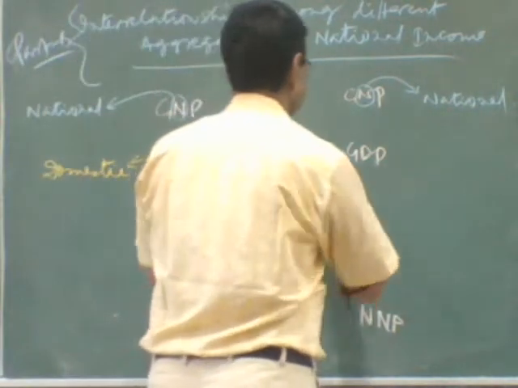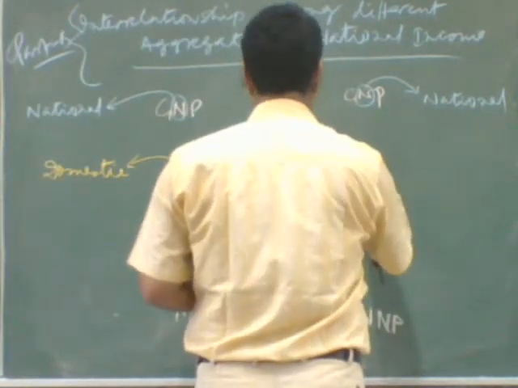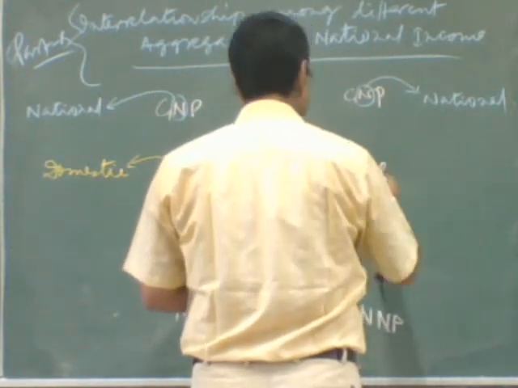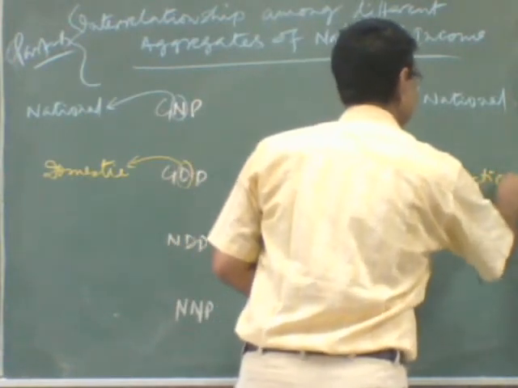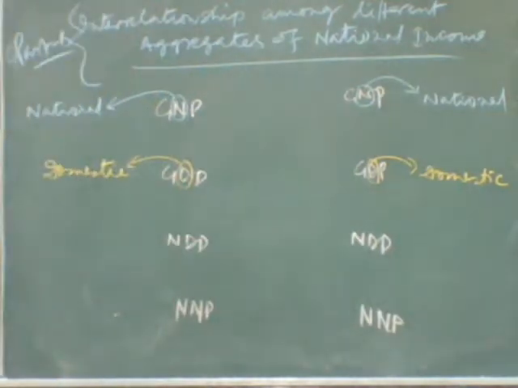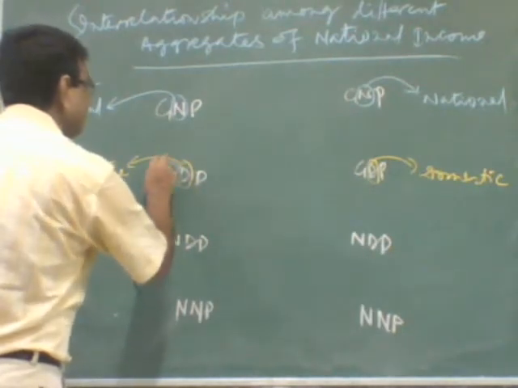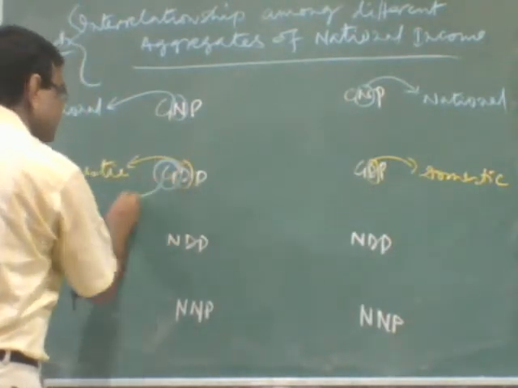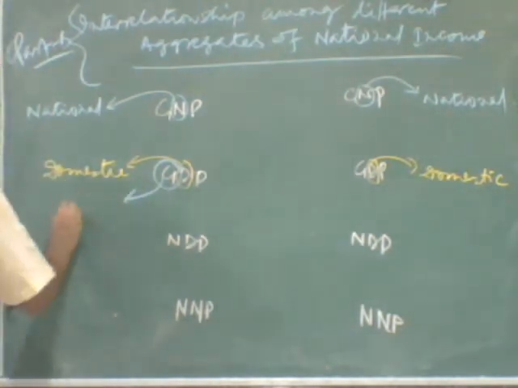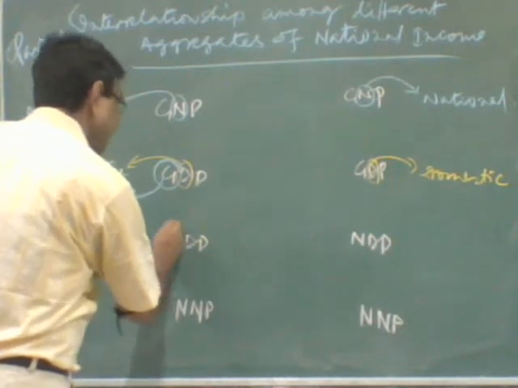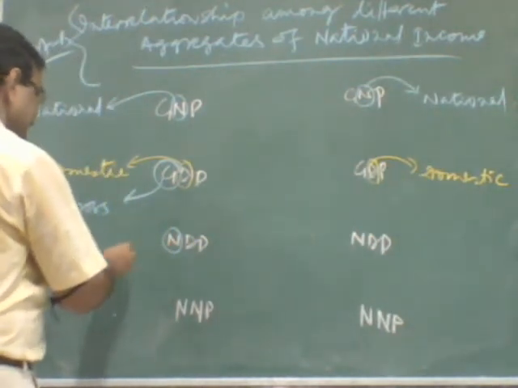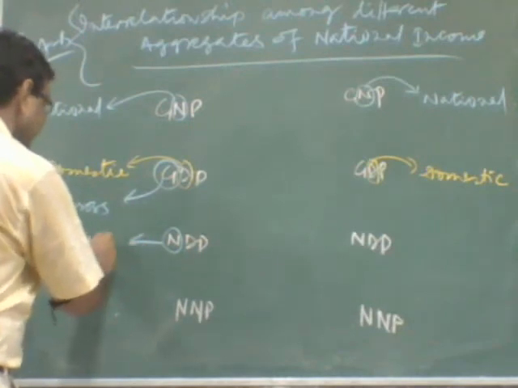In the same way, D stands for domestic. G stands for gross, as in gross domestic product, whereas here N stands for net.